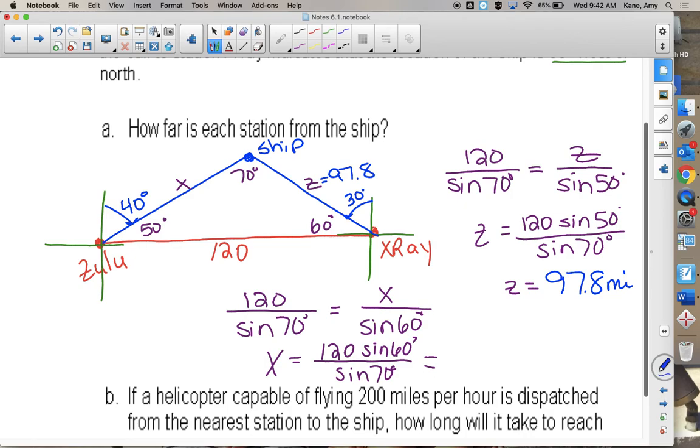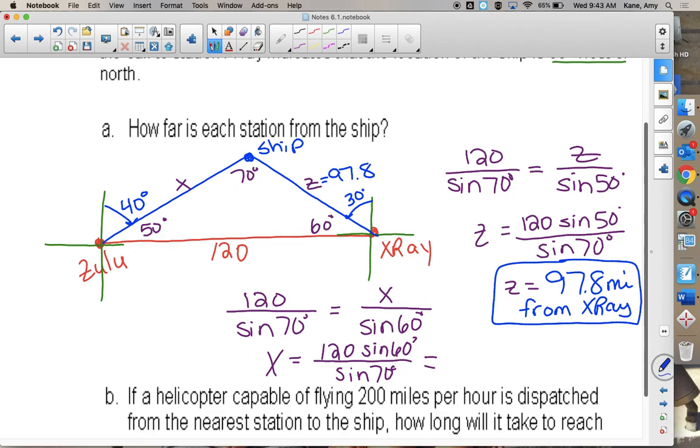That distance is actually from X-ray to the ship. So if you go back and look at your diagram, even though it says Z, that doesn't correspond with the distance from Z. That actually corresponds with X-ray's distance. So X-ray is 97.8 miles from the ship.